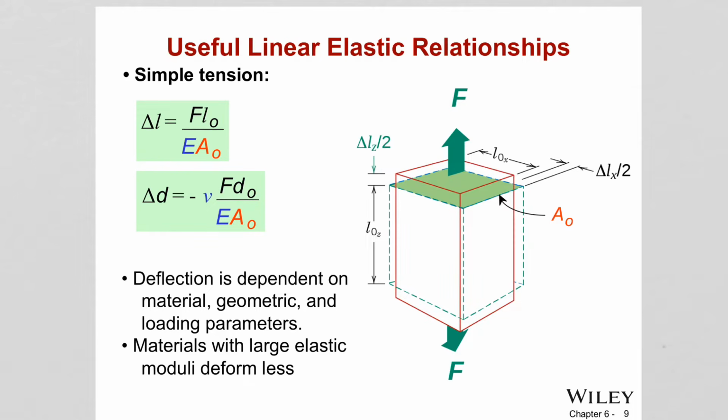When the material is deforming elastically, there is a relationship between the stress and strain. Strain and stress are proportional, and the proportionality constant is defined by the elastic modulus or Young's modulus. We show it with the symbol E.